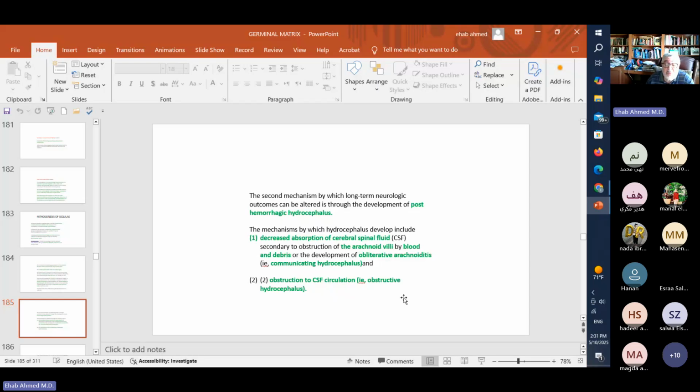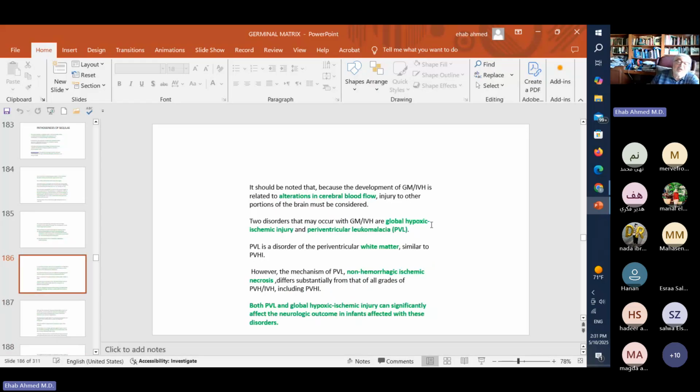Obstruction of CSF flow will cause obstructive hydrocephalus. And we have to differentiate, because I know that you do serial LP for the management of the post-hemorrhagic ventricular dilatation and to prevent hydrocephalus. I know that you do that, but you have to do ultrasound, and you have to be sure what you are dealing with. Is it obstructive or communicating? And many, as we are going to see, many people deny the benefit of serial LPs.